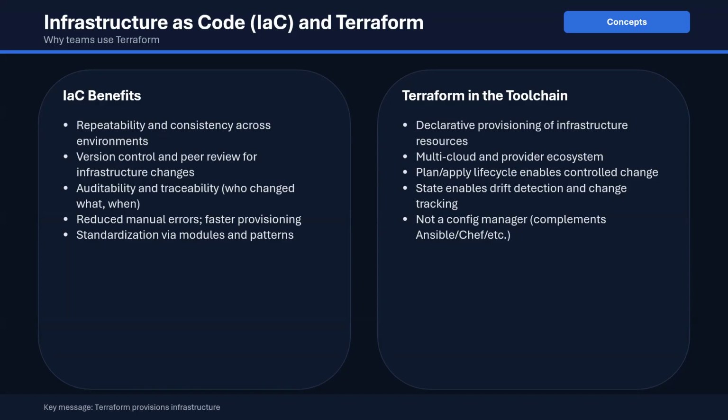Then we have auditability and traceability, right? Who will change what and when? Because when you work for a big company like IBM that is managing 4,000 servers and counting, we want to be able to trace and audit. We want to find out who is changing what.